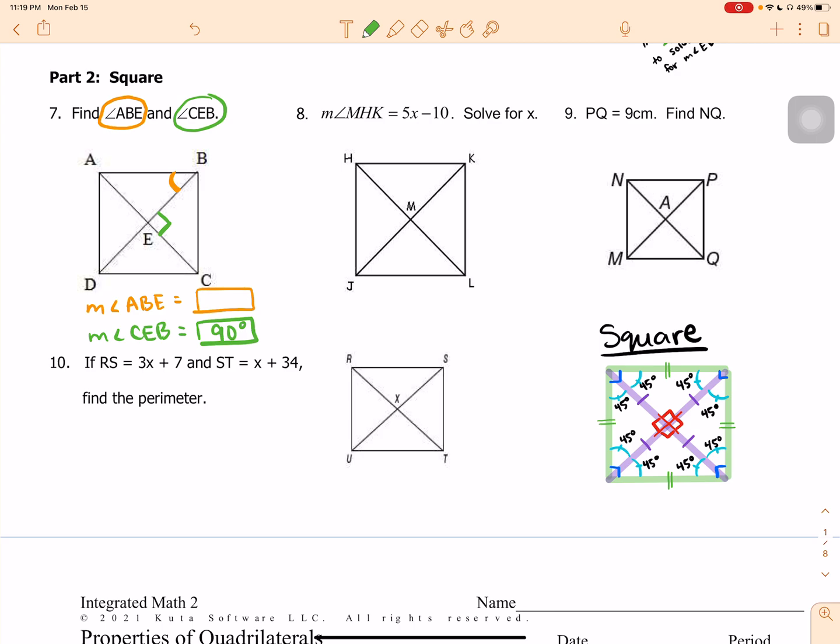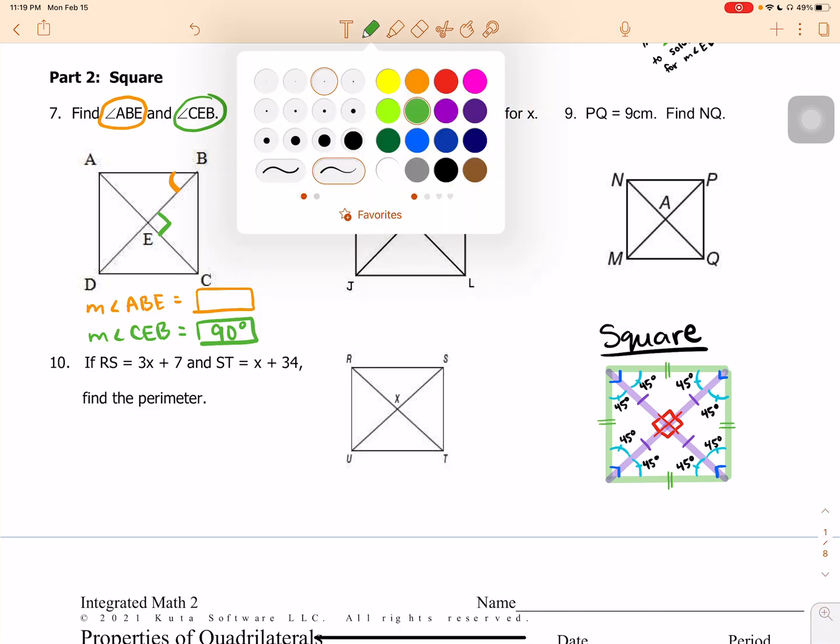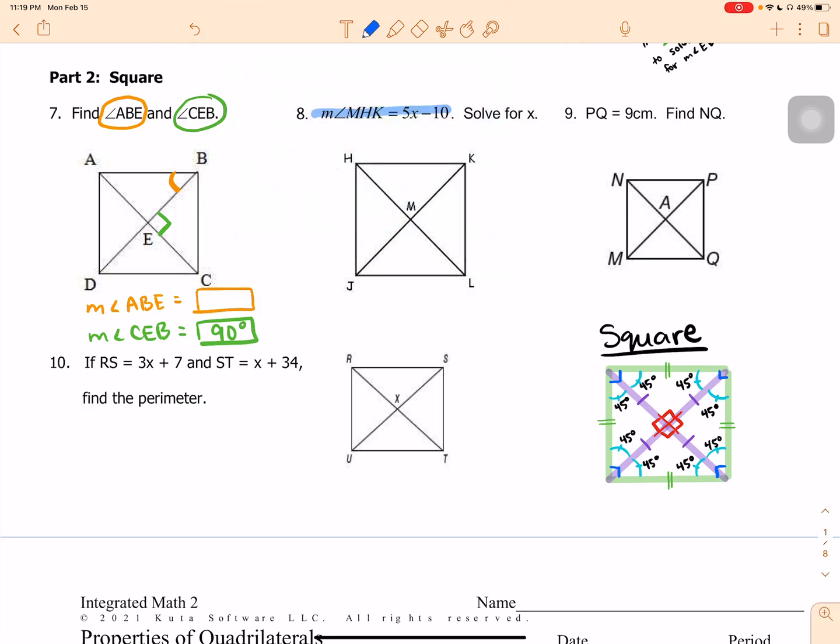All right, so here I have the measure of angle MHK is 5x minus 10. So solve for x. Well, what does that measure angle MHK equal?